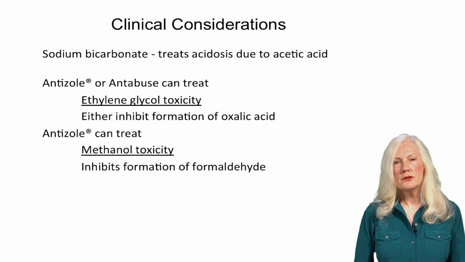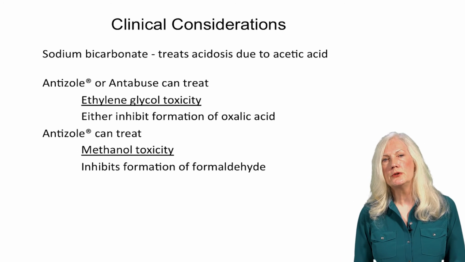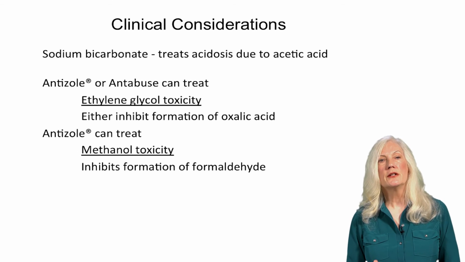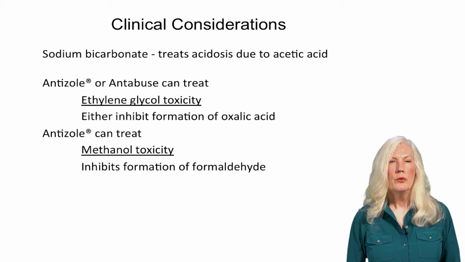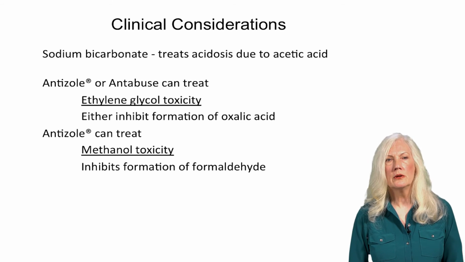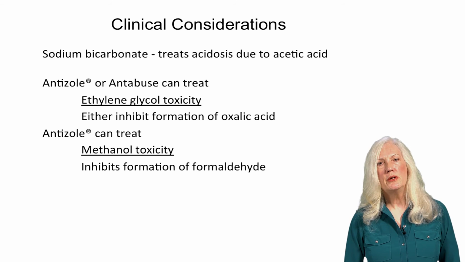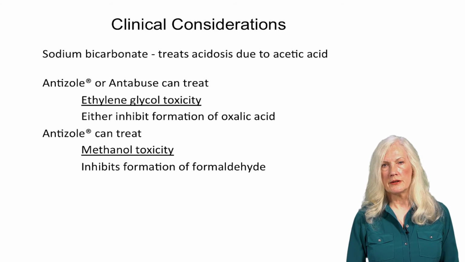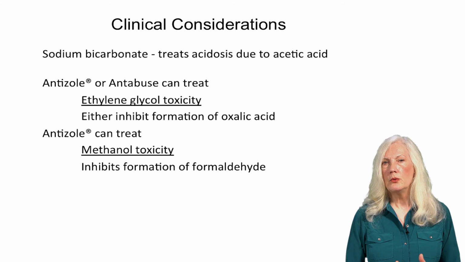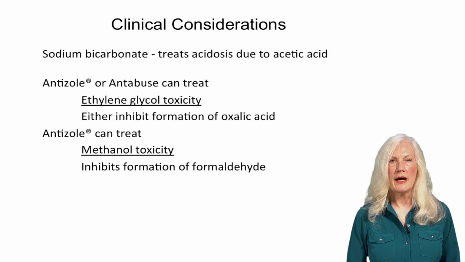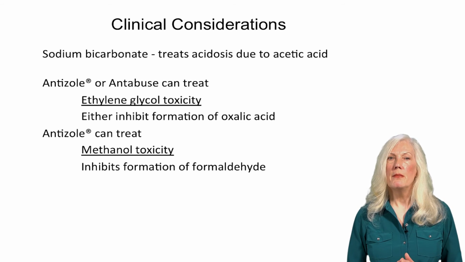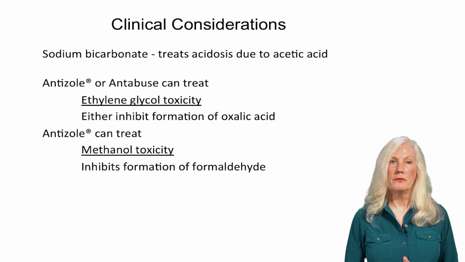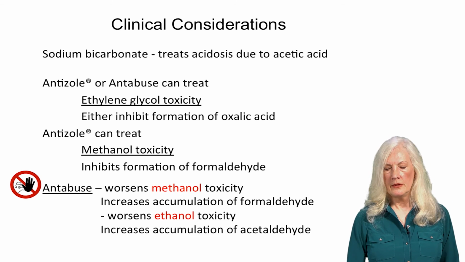In each case, sodium bicarbonate should be used to treat the acidosis that's caused by the production of acetic acid or formic acid. Remember that either antizole or antabuse can be used to treat ethylene glycol toxicity. Either one will inhibit the formation of oxalic acid, but only antizole can treat methanol toxicity and prevent the formation of formaldehyde.